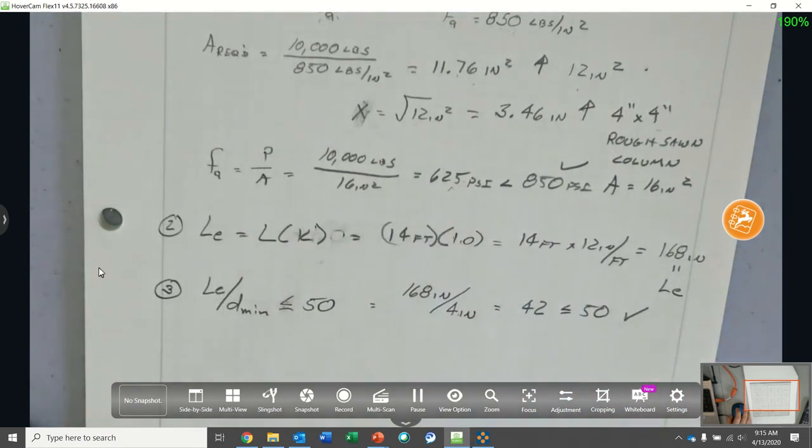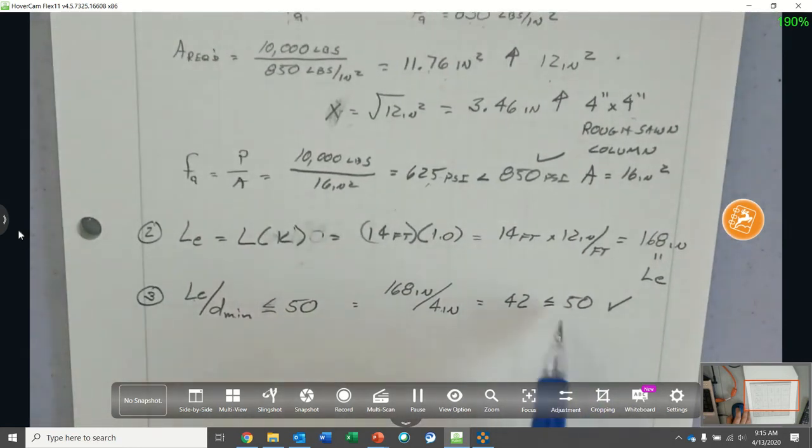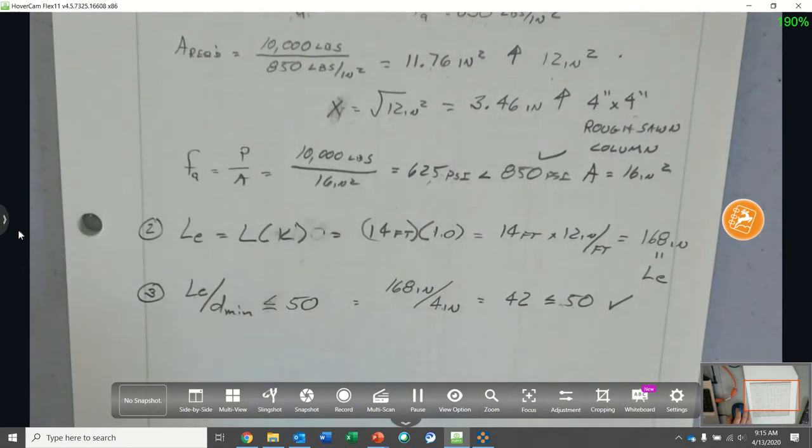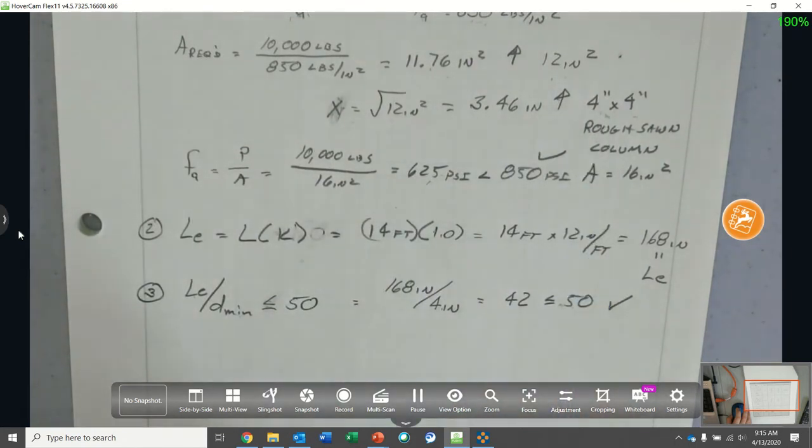We're good. Effective length divided by my minimum dimension; we use the 4 by 4, so we're less than 50 and have a good chance that we're not going to buckle. If it's over 50, what do we want to do? How do we make this bigger? That's step three.